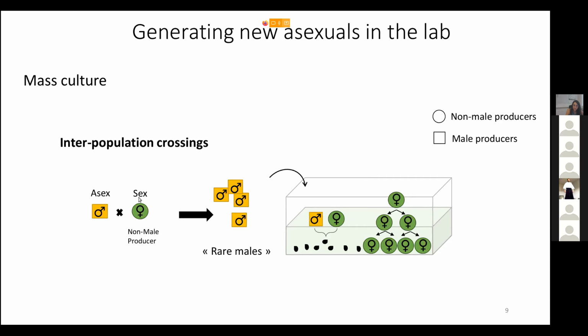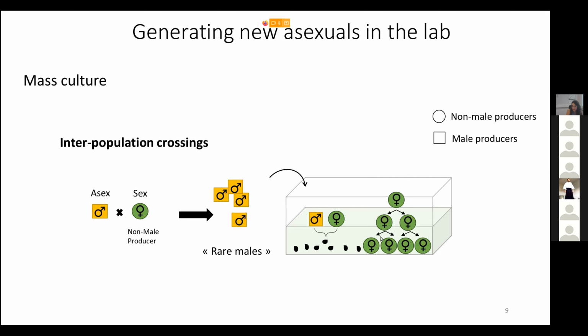So we selected a sexual non-male producer lineage that we let reproduce by its asexual part in a big aquarium. If this female produces ephippia, they would be empty because there are no males to fertilize them. This is important: in the non-male producer phenotype, a female can only produce full ephippia if she's asexual.